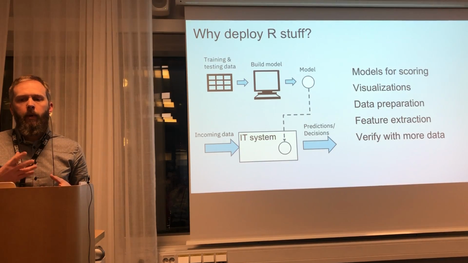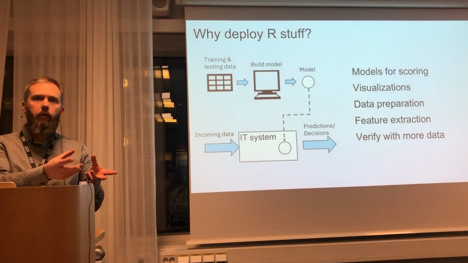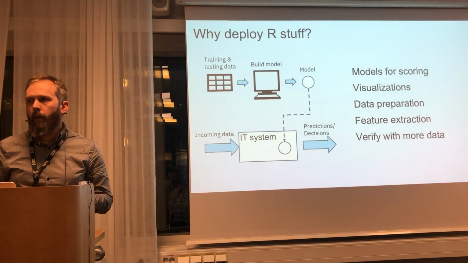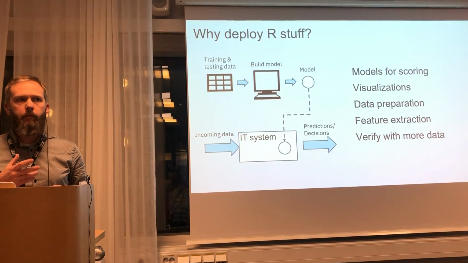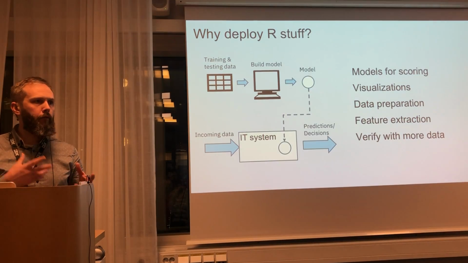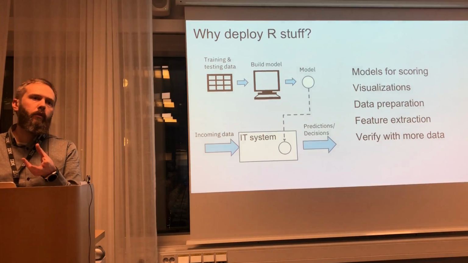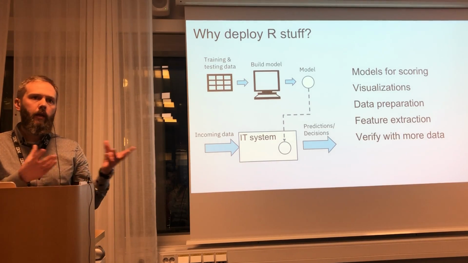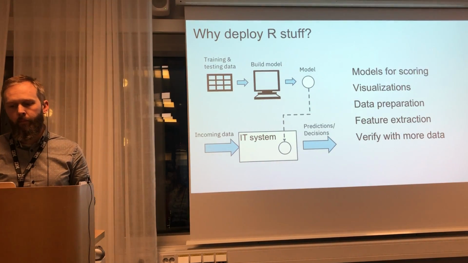So things that we may want to deploy are, for instance, models that should be deployed so they can score incoming data, and visualizations. We might also have written programs that do data preparation and feature extraction, etc. And those things we need to do on incoming data as well, right? So they may run in the production system to process newly incoming data.